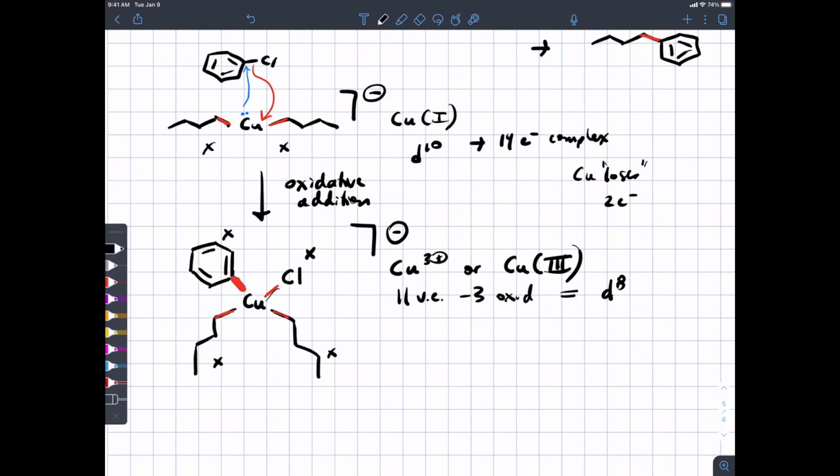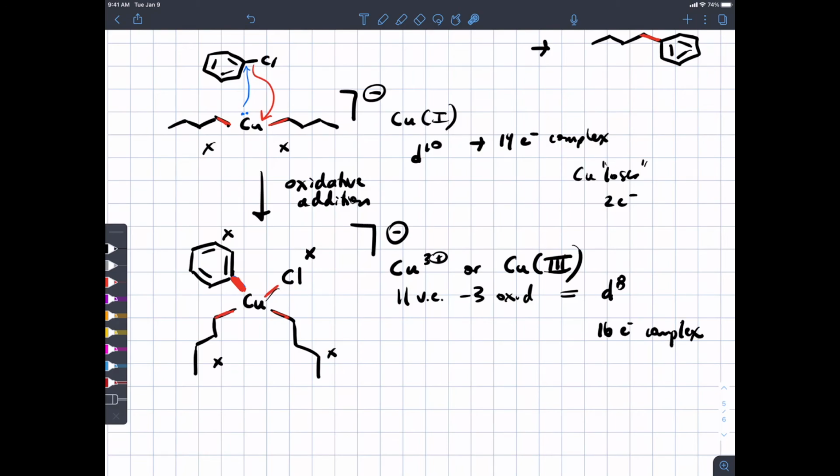So overall, we have 16 electrons in this complex. So this may be one reason why, I'm hand waving now, this can happen: you get the complex closer to its noble gas configuration.